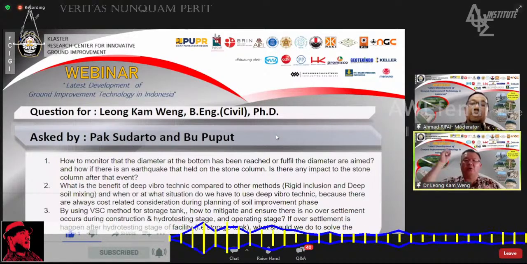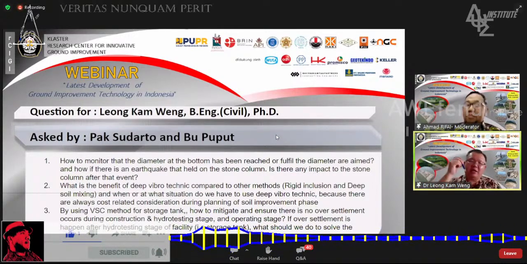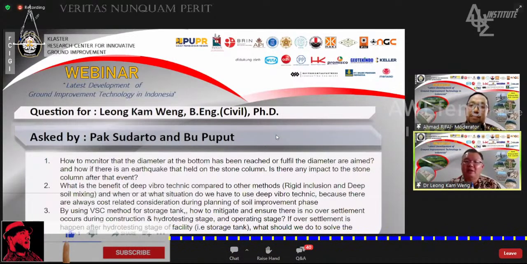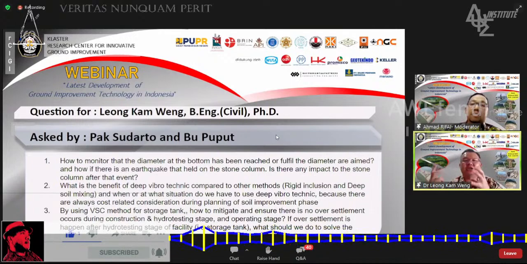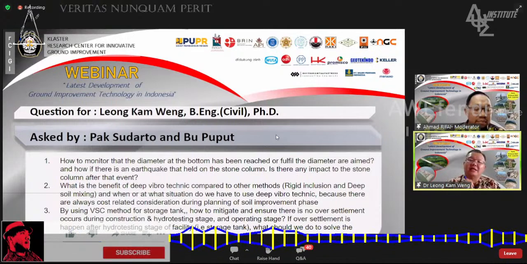So the operator can know when he hits the targeted design depth, and what the amps are, because this is an electric vibrator, so it captures the energy or the amperes transferred into the vibrator. So we can know whether each column has reached the targeted depth.